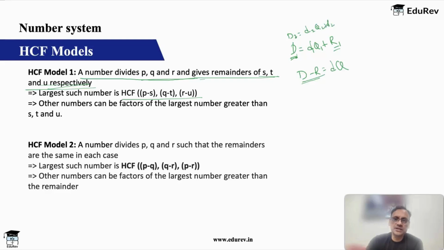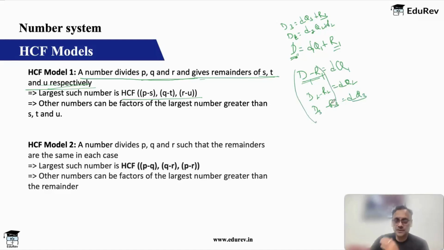Sorry, the divisor is the same, so this is D. And then you have D3 equals D into Q3 plus R3. So you have D1 minus R1 is DQ1, D2 minus R2 is DQ2, and D3 minus R3 is DQ3. So you basically find the HCF of these values.